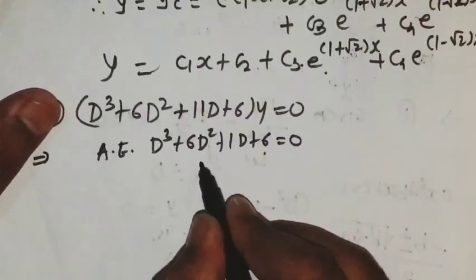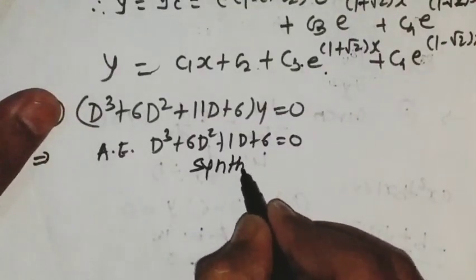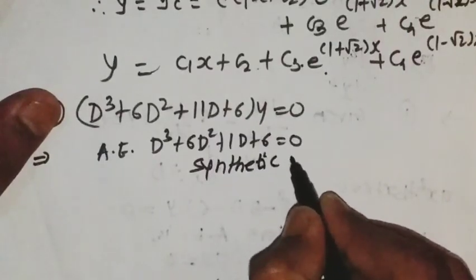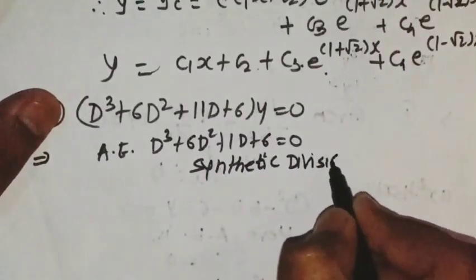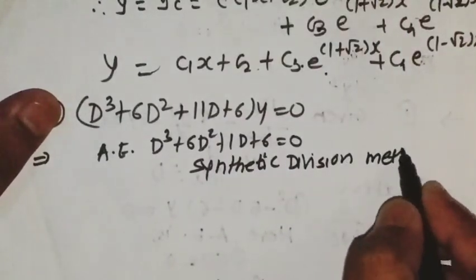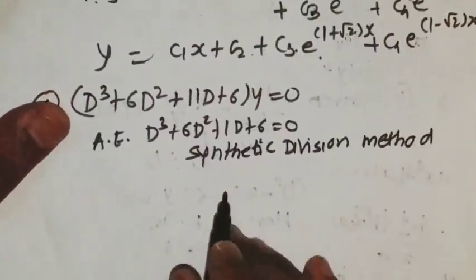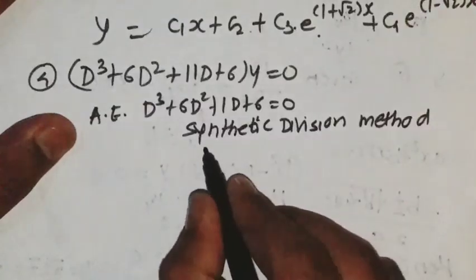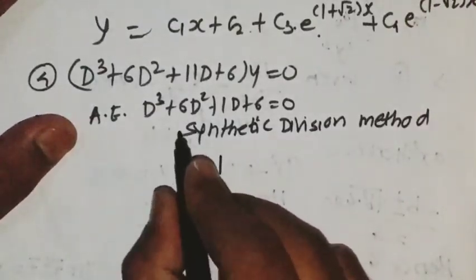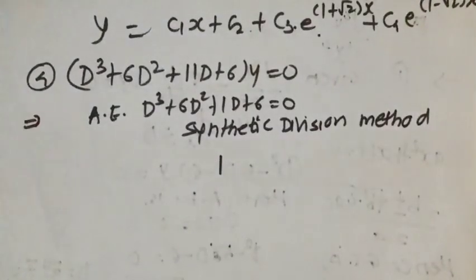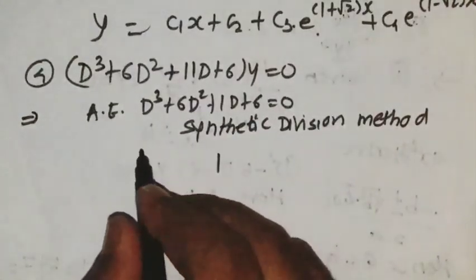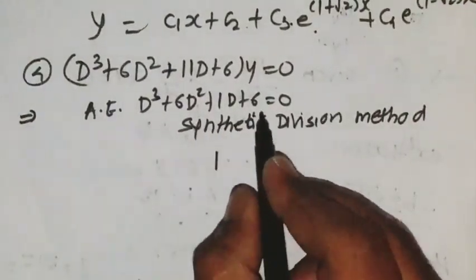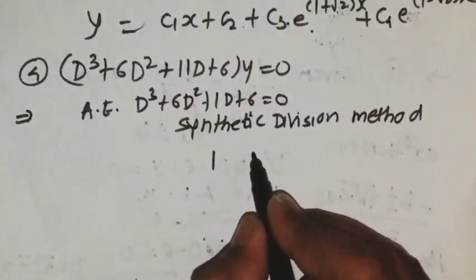So in the synthetic division method, I am going to use synthetic division for determining the roots. So very first we write the coefficients from the highest degree term to the lowest degree term in horizontal order.